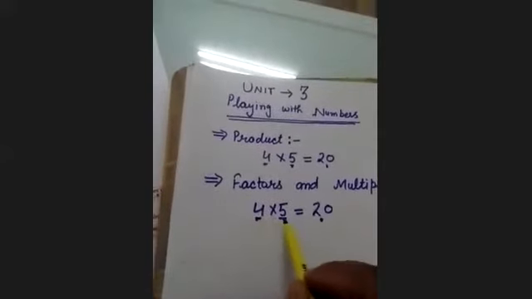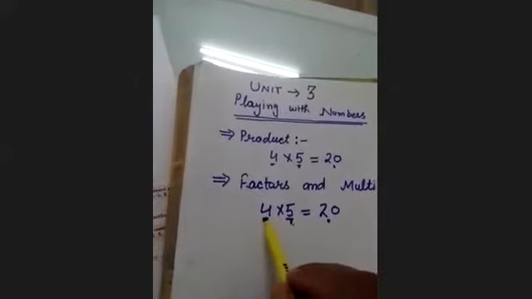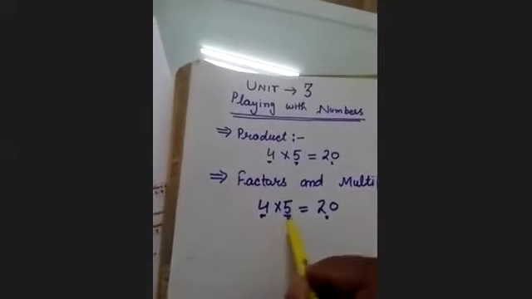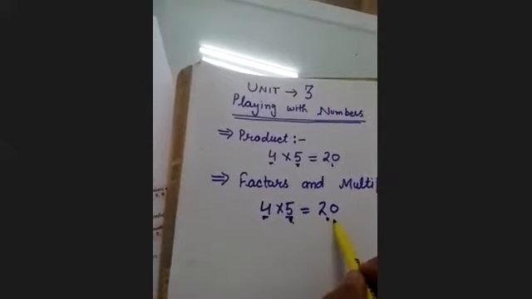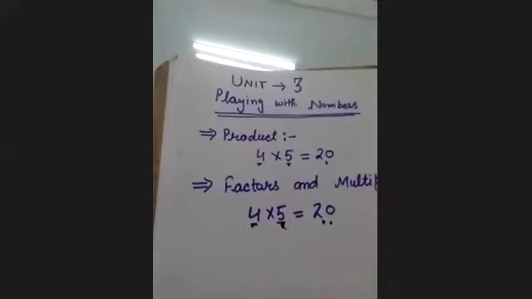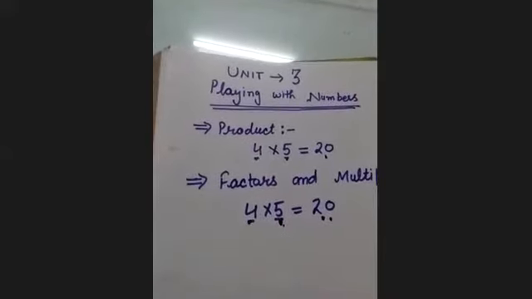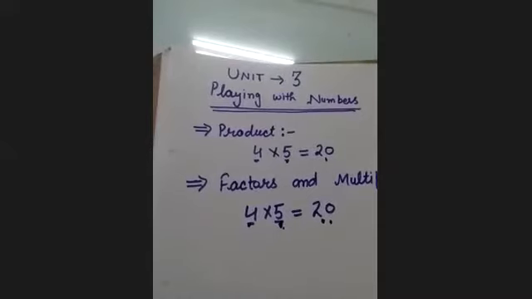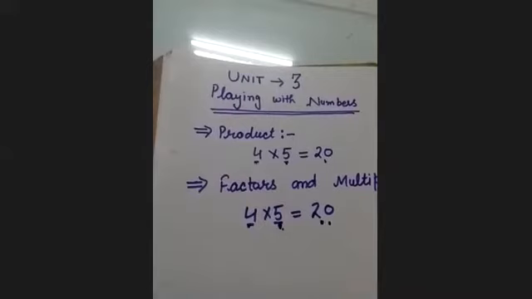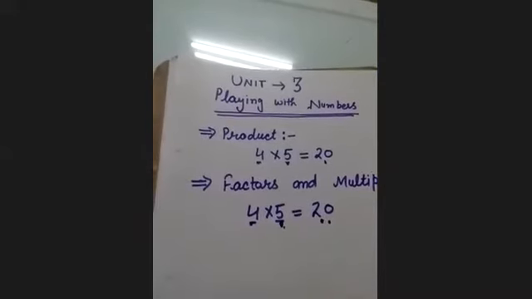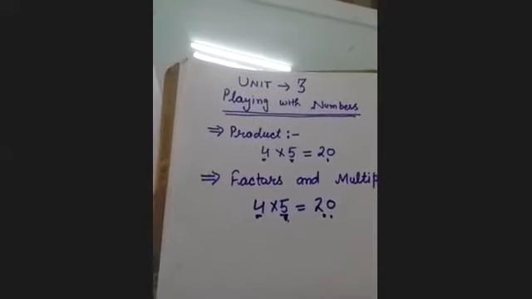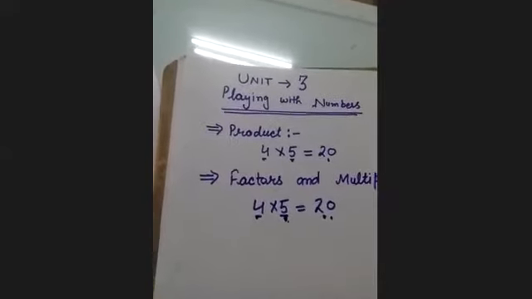So here 4 multiplied by 5 means 4 and 5 are two factors, and the multiple is 20. In another way, you can say a natural number which when we divide is exactly divisible, then these two numbers are known as factors.